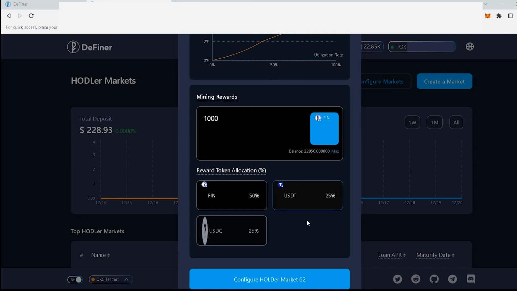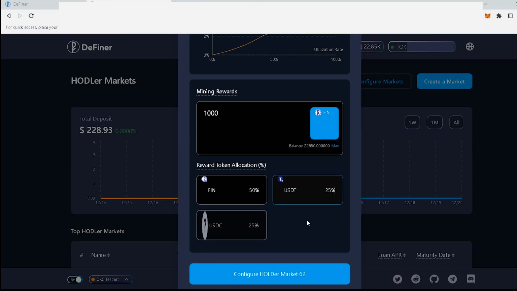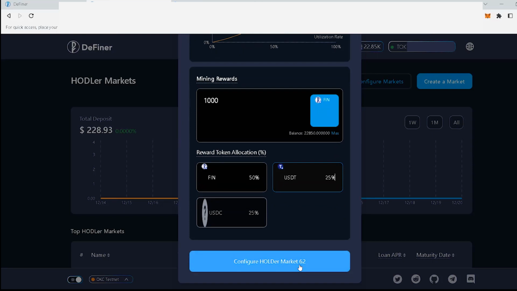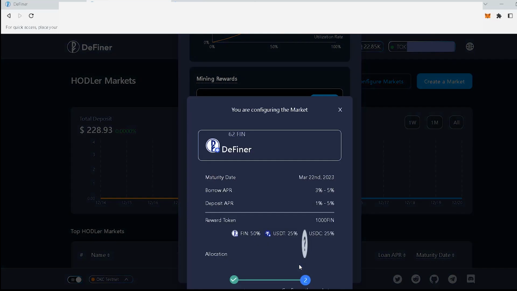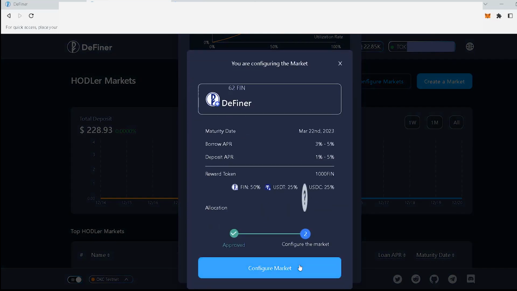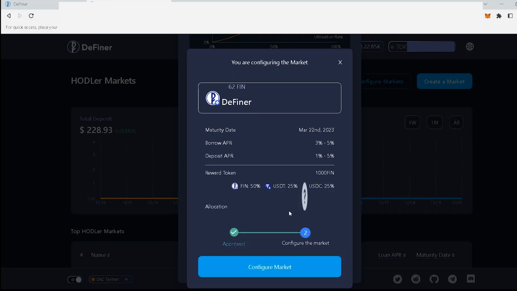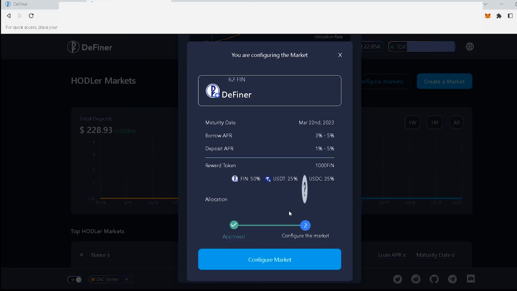Once you have finished setting up your mining rewards, your very last step before going live is to click on the Configure HODLer Market button. In this case, configure HODLer Market 62 or whatever your market ID is. Click on it, see the different characteristics and configurations of your market, and once everything is done and ready, you configure the market.